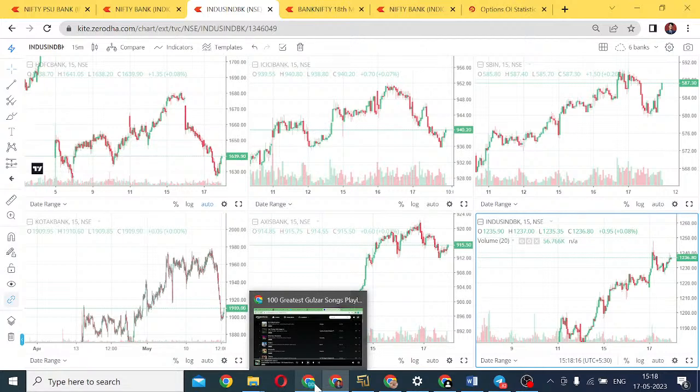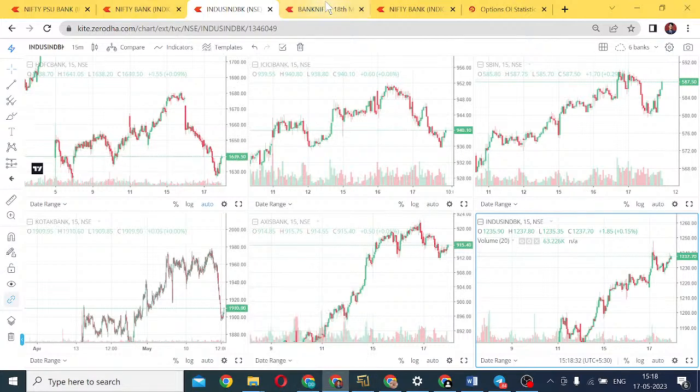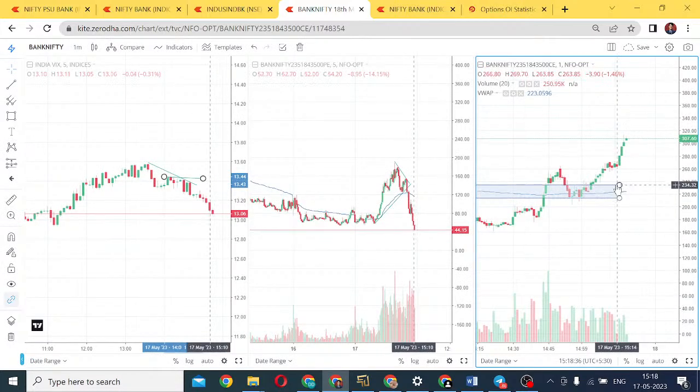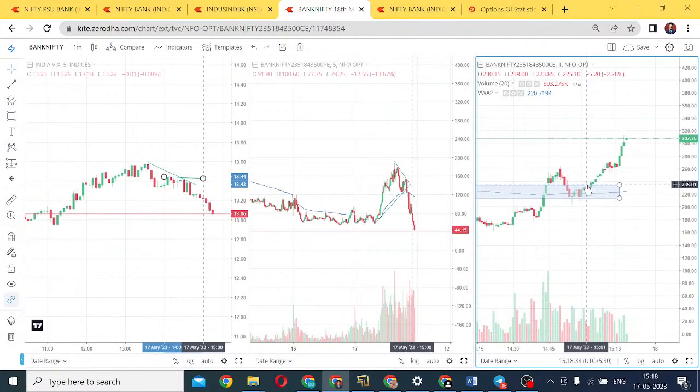Now in case your setup allows you, right? So I am also making a note of these as I am speaking. So what I do is I try to make a note, right? When I exited after that, so my exit was here, right? Sorry, let it open. This is where I exited the trade.